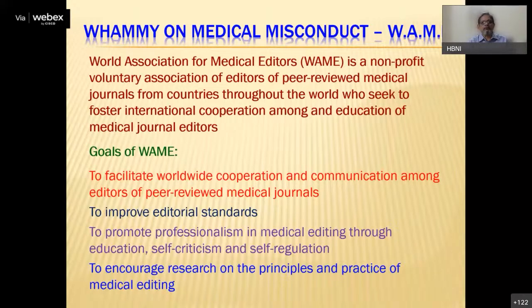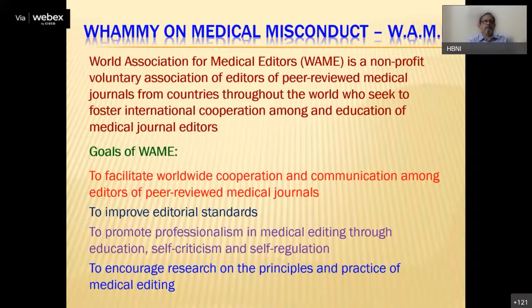And what are the goals of WAME? To facilitate worldwide cooperation and communication among editors of peer-reviewed medical journals, to continuously improve editorial standards. You might wonder what the problem is with editorial standards. Just as you have cases of scientific misconduct and problems in the course of research work, there are also issues concerning editorial standards.